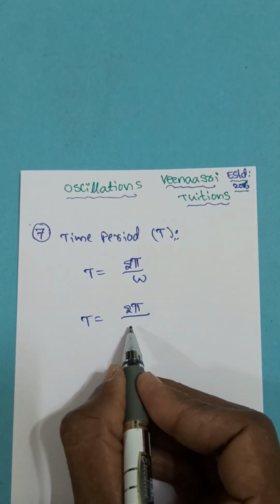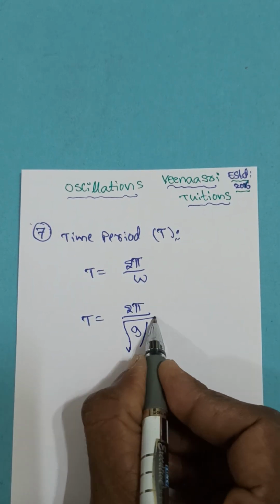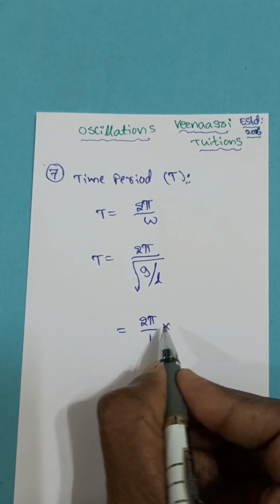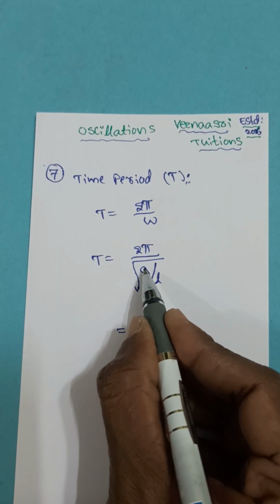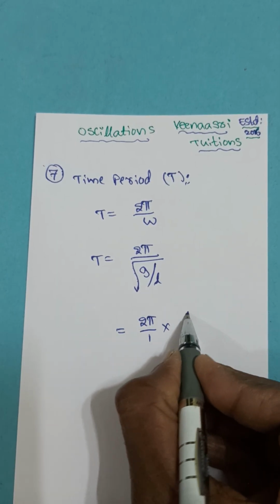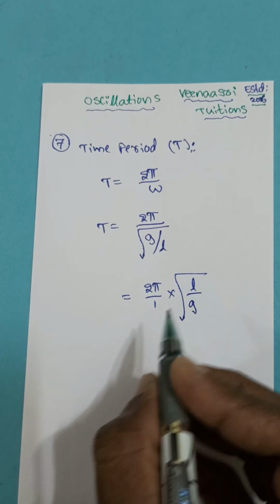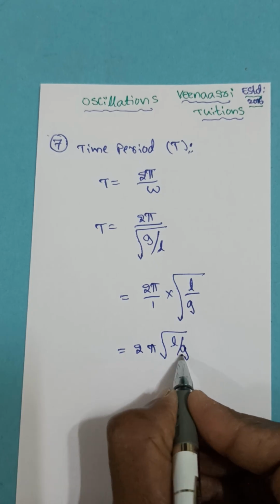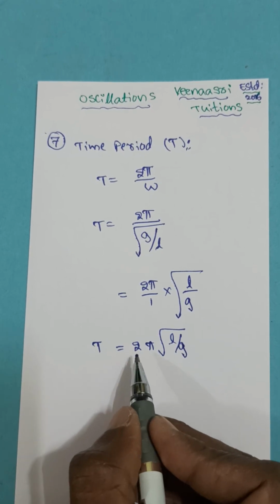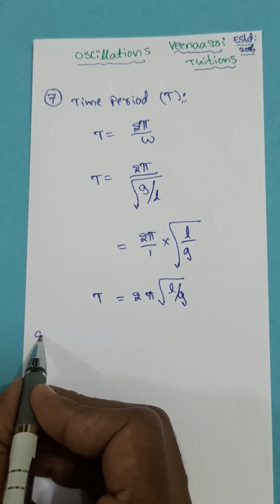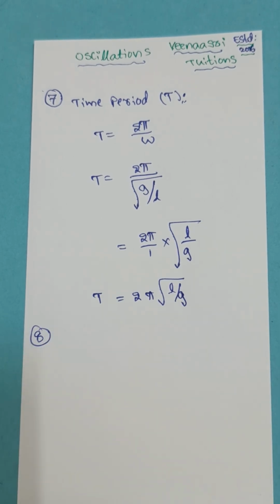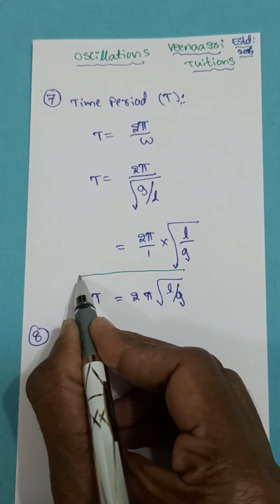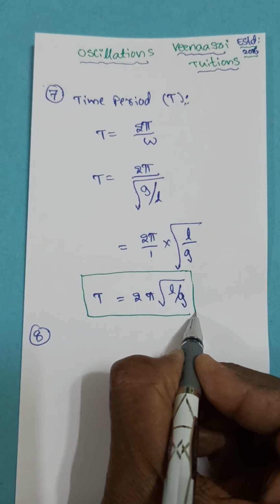I am substituting omega value, under root of g by L. 2 pi by 1 goes to numerator, total reverse, means g by L becomes L by g under root. So T is equal to 2 pi under root of L by g is the equation for time period.